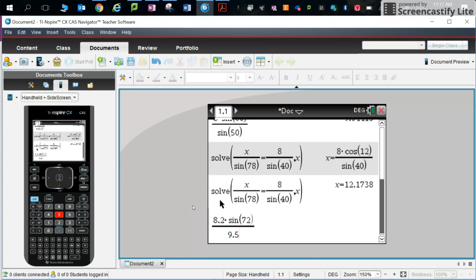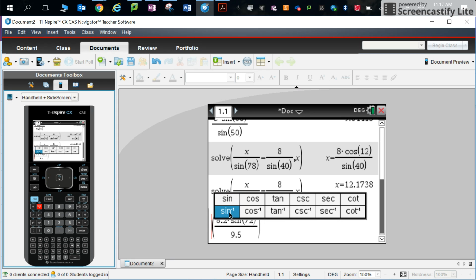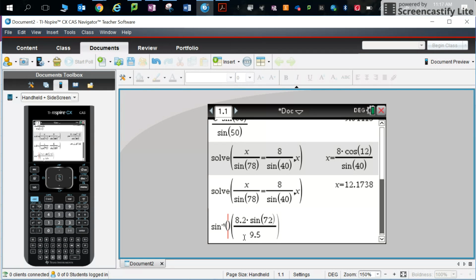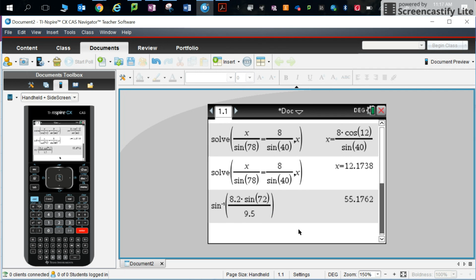Now, I forgot about the inverse sine at the front. So if I put brackets around this and put inverse sine, the bracket's already there, so we're all good. So inverse sine, I can press enter and I get my answer.